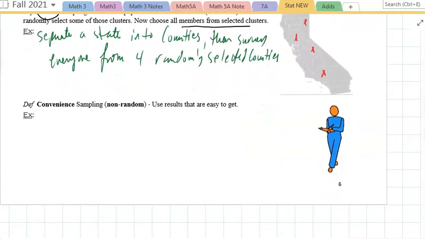That would be cluster. And convenience sampling uses results that are easy to get.